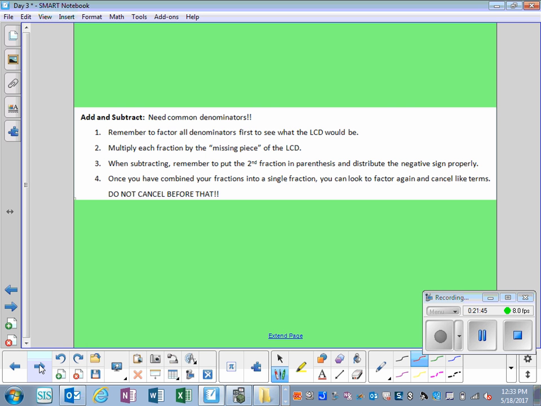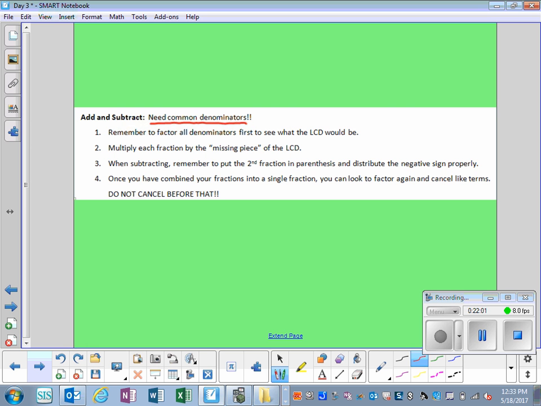Okay, rational expressions. How do we add and subtract rationals? This is just like working with normal fractions. To add and subtract, you need common denominators.